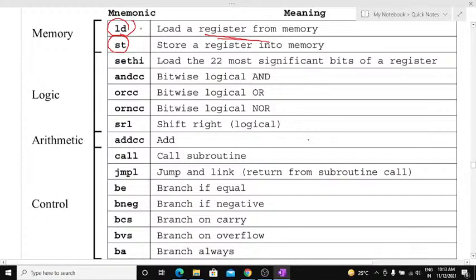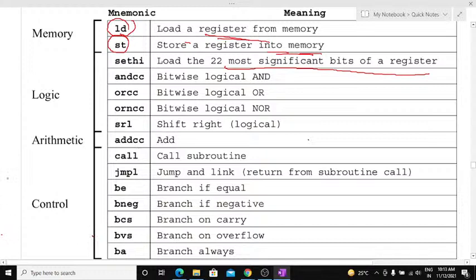Here in load, what do we do? Load the register. In store, store from register to the memory. Set high is called load the 22 most significant bits of the register. And these are all memory instructions.